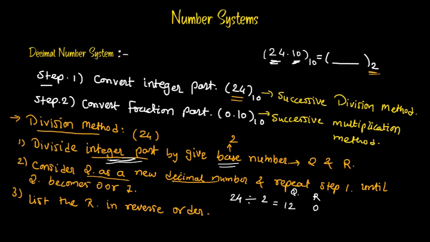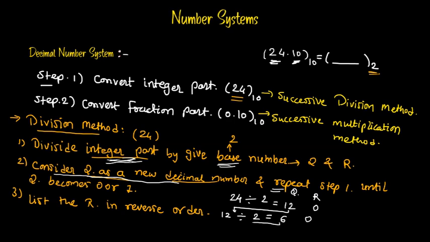Now, second step, consider the quotient as a new decimal number. So 12 divided by the base 2 gives quotient 6 and remainder 0.